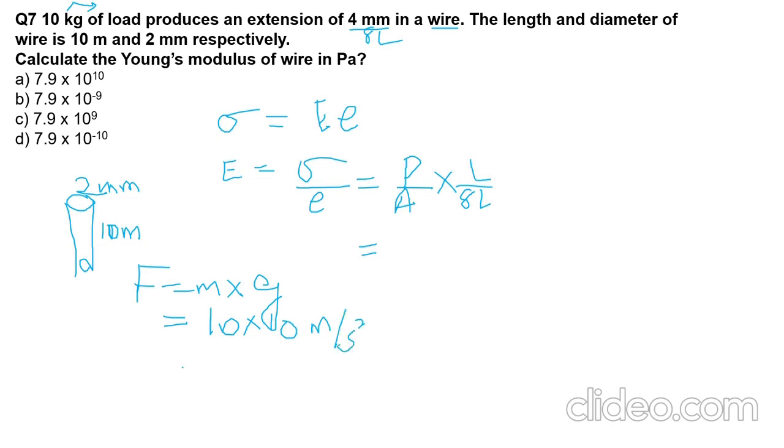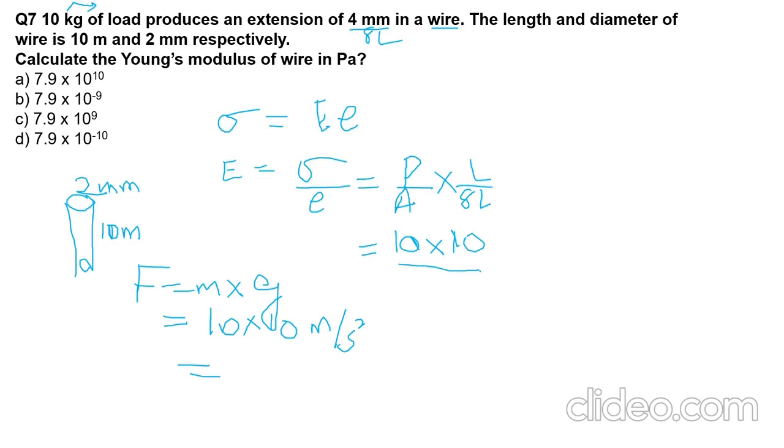Okay, so now you can write your force value, which is your P. So you can write it here, 10 multiplied by 10, and you have to write your area.